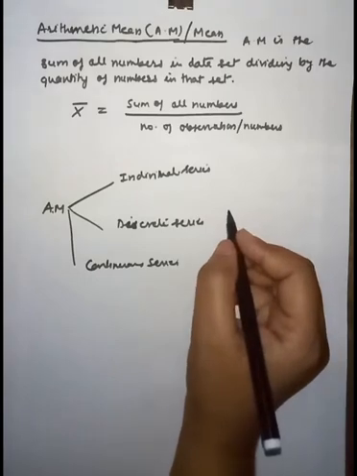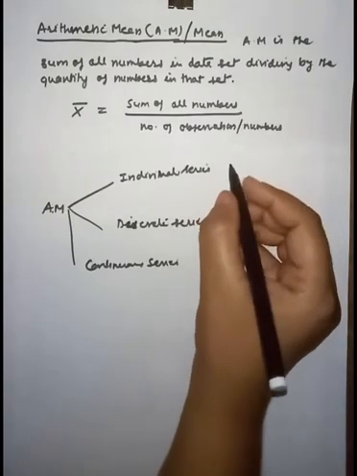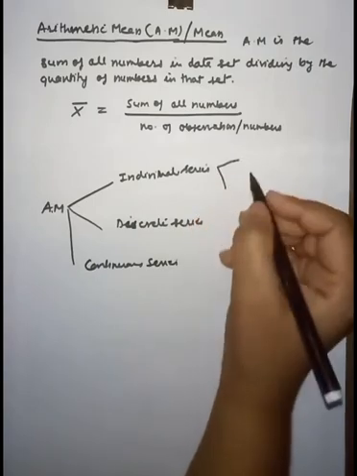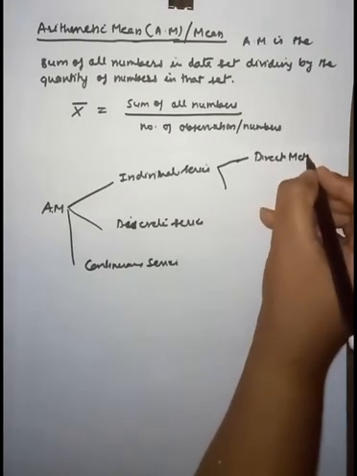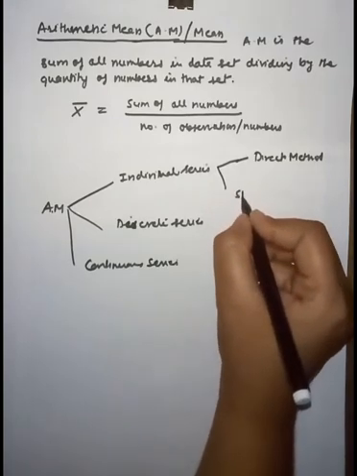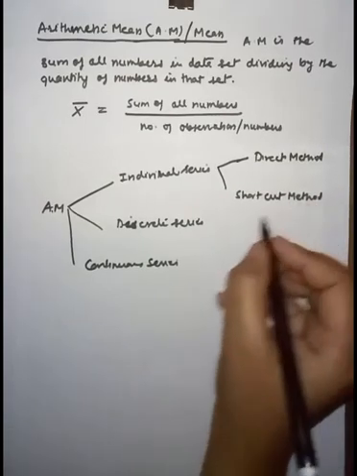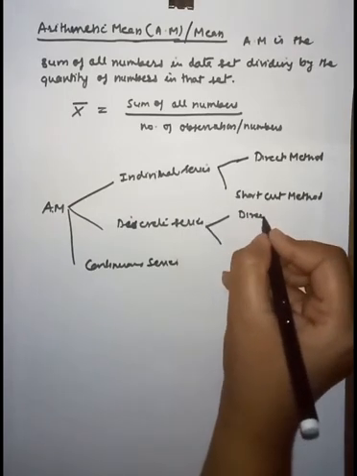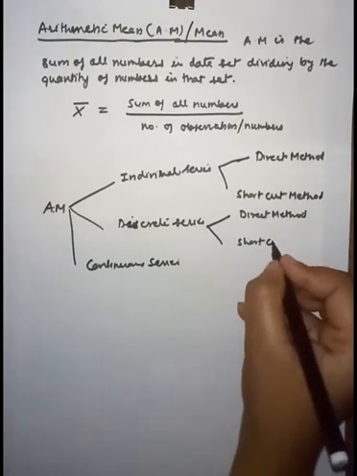So friends, in individual series, there are two methods for finding the arithmetic mean. I'm writing here: first one is direct method, and second one is shortcut method. Similarly, for discrete series, there are two methods: direct method and shortcut method.